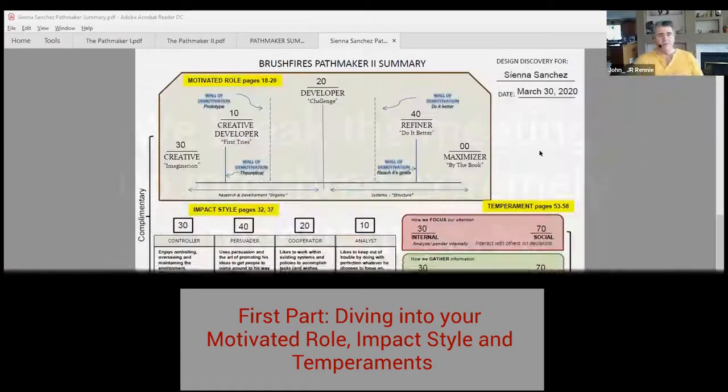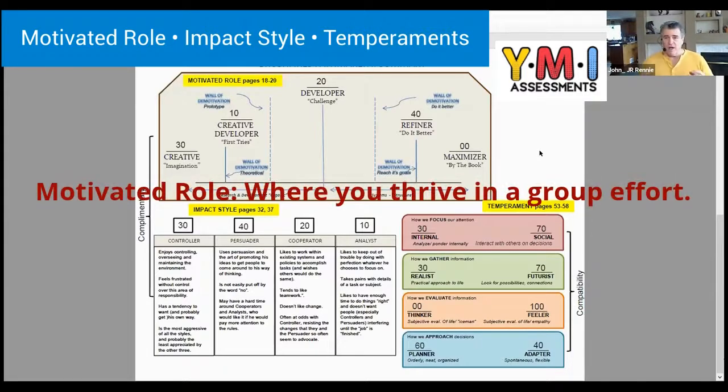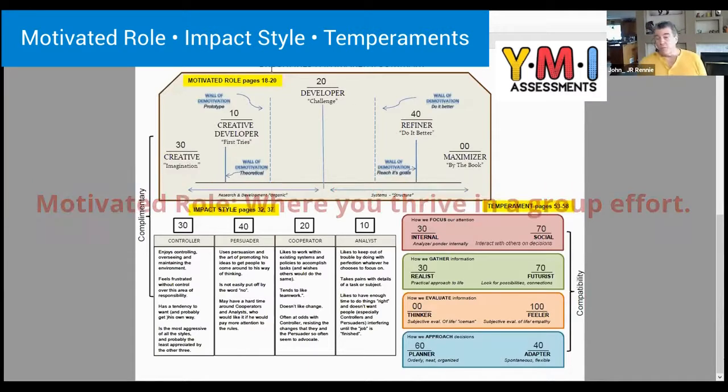All right, motivated role and impact style are two of the assessments that are used to reveal how you work in a group. So the part that you play, the very first one, motivated role, the part that you really thrive in playing in a group effort. So this would be a form of ministry.